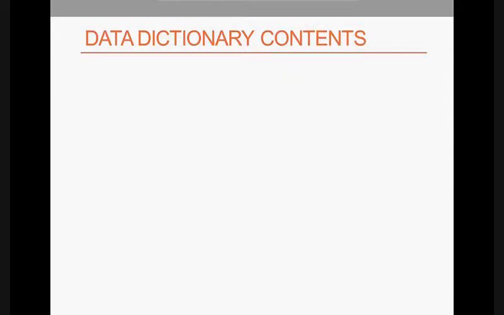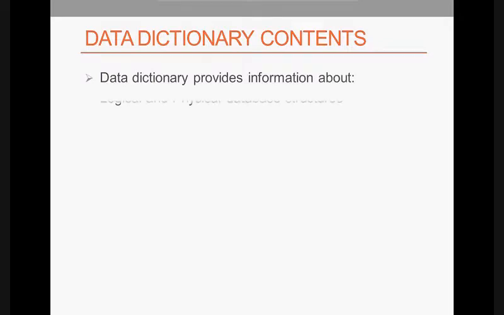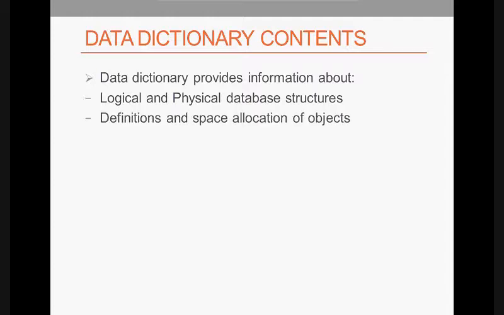Data dictionary contents. Now have a look at the content of data dictionaries. A data dictionary contains the definition of all schema objects in the database, which includes tables, views, indexes, clusters, synonyms, sequences, procedures, functions, packages, triggers, and so on.